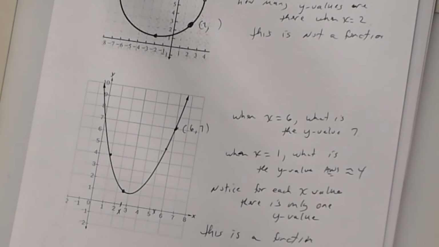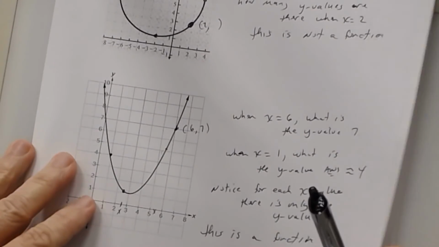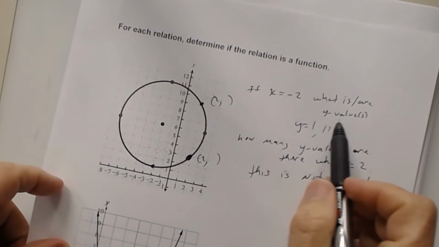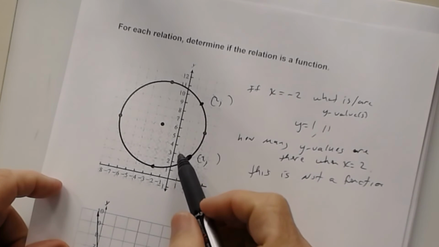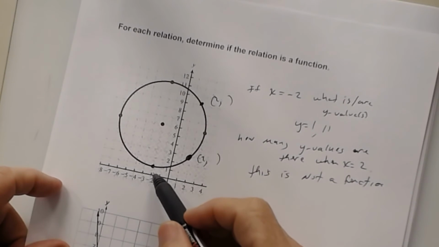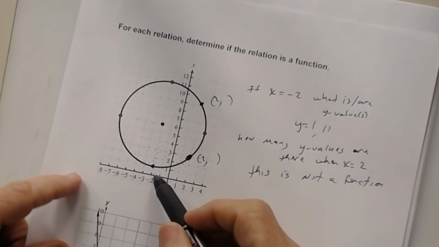Okay, now based on our discussion with that circle and this parabola, there is something called the vertical line test. So listen carefully. You remember a while ago I asked you when x is negative 2, how many y values were there for that circle? When x was negative 2, how many y values were there? 2.